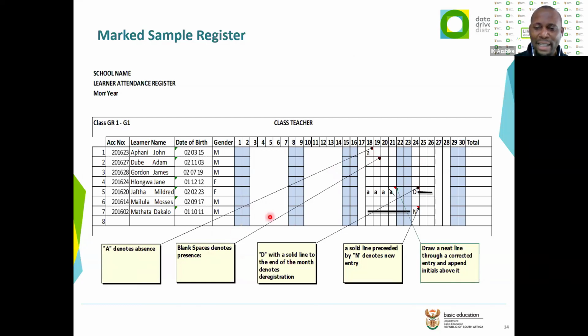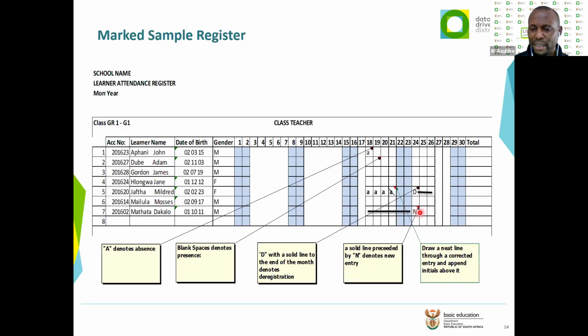Now, the other one is blank. We all know on SSAMS, blank means that the learner is present, right? We don't mark present on SSAMS. It's only absenteeism that we mark, okay? Now, we also say D, when you put D here with a solid line, that means the end of the month and it denotes registration, okay? Now, also we have the solid line preceded by N.